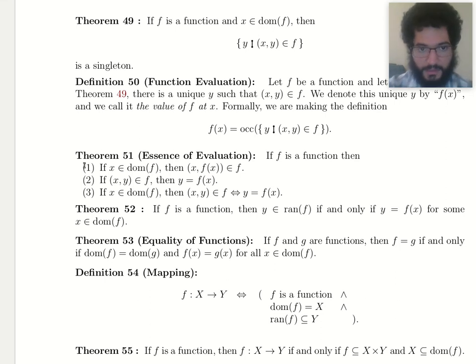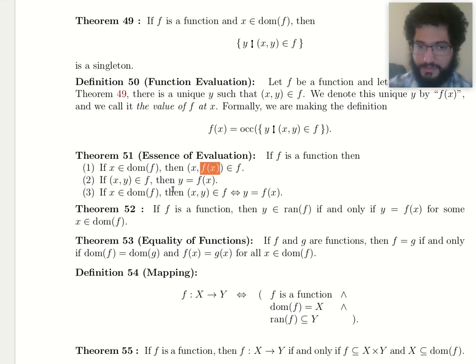Great. So the way I think about it, 51 Part 1 is sort of saying when f can be evaluated at x, meaning when x is in the domain of f, then x, f of x is a pair in f. And part 2 says sort of it's the only one. f of x is the only thing that works.